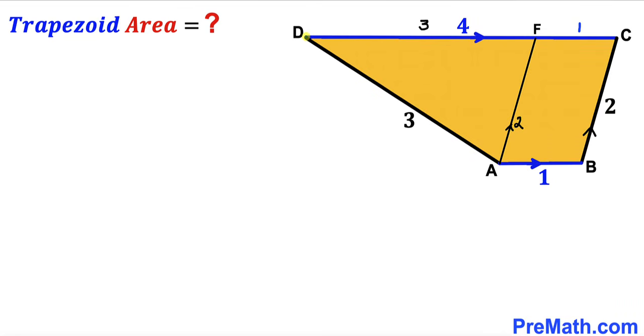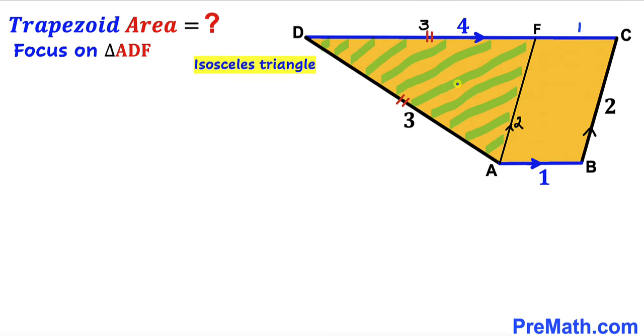We can see that side length DF is equal to side length AD. Both of them are 3 units each. Now let's focus on this triangle ADF. We can see this is an isosceles triangle, since this side length is equal to this side length.